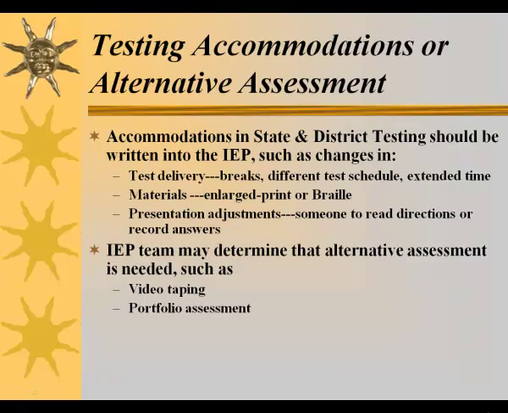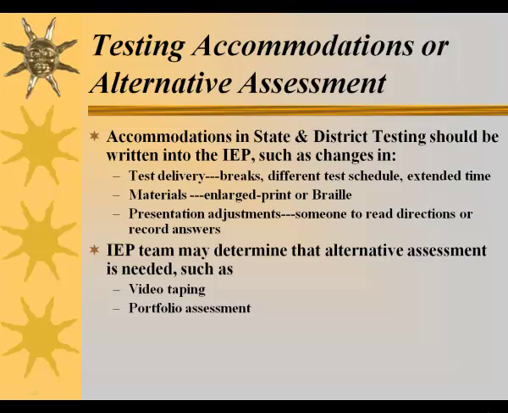Test accommodations or alternative assessment. We have talked about this subject before in this course, but right now let's think about this for students with physical and health disabilities. Accommodations in state and district testing should be written into the IEP, such as changes in test delivery, materials, or presentation adjustments.